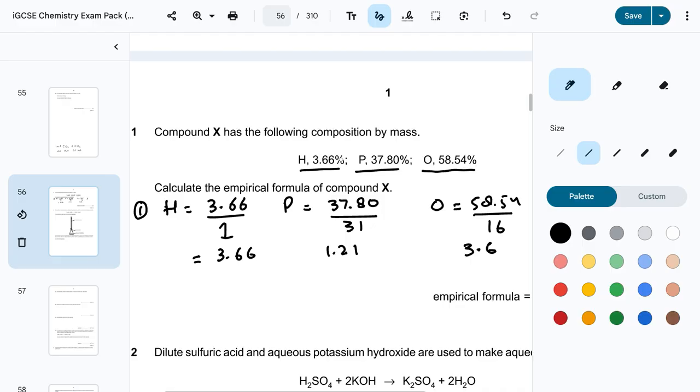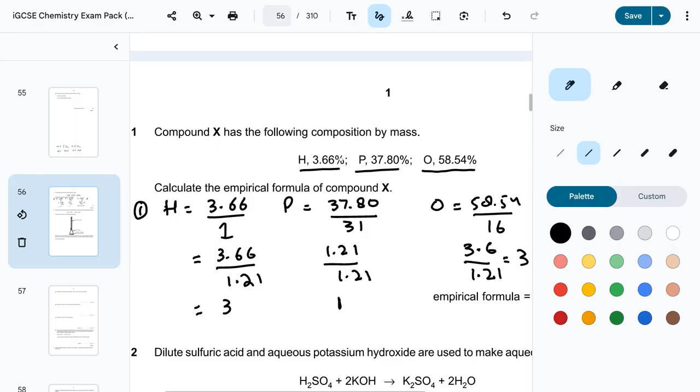So we divide all 3 values by 1.21. 3.66 divided by 1.21 is approximately 3, for phosphorus it is 1, and for oxygen it is 3.